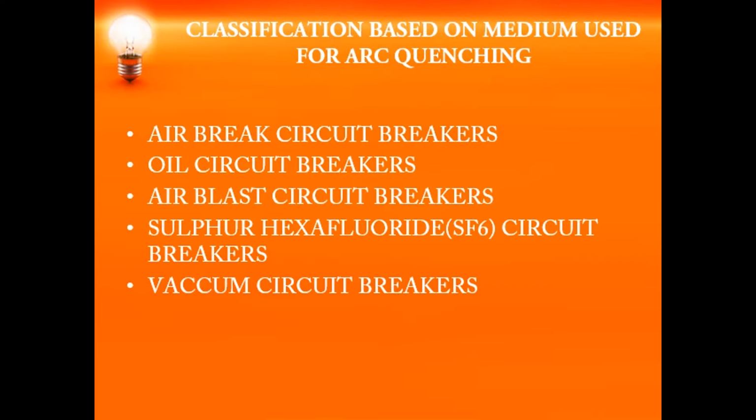To quench the arc, there are different mediums which are used. Based on which medium is used, the circuit breakers are classified as air brake circuit breakers, oil circuit breakers, air blast circuit breakers, sulfur hexafluoride, in short SF6 circuit breakers, and vacuum circuit breakers.